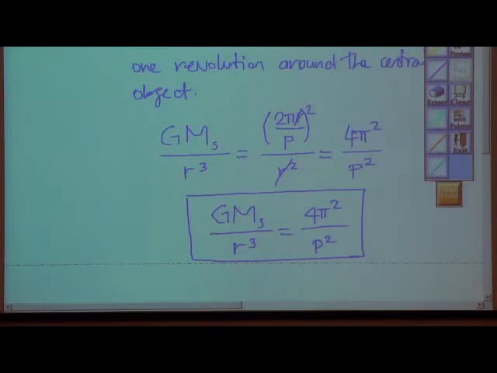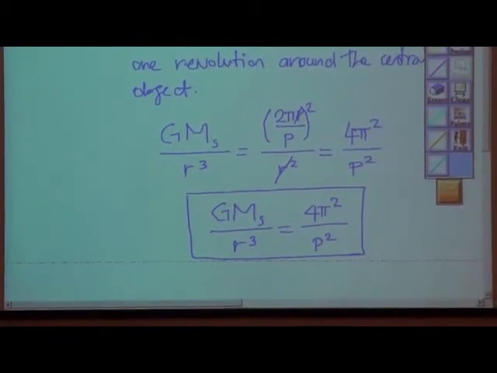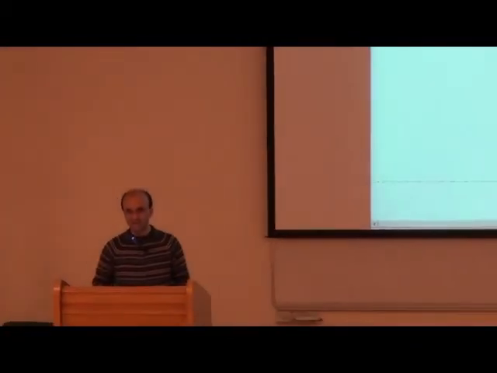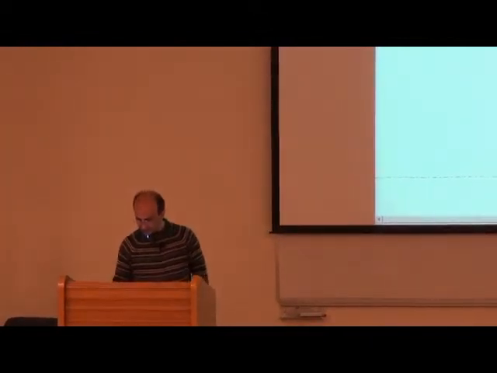Now, take the sun out and put any two objects, one moving around the other on a circular path. Then, of course, you would generalize this for any object, not only sun and earth. This was our example today.